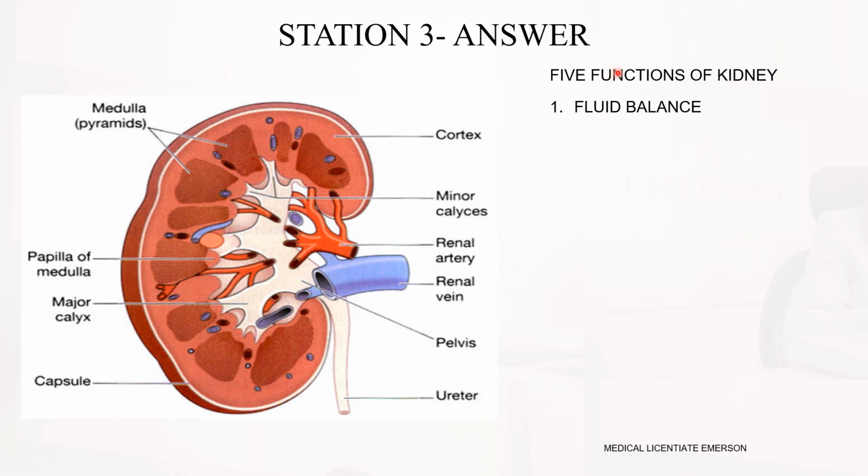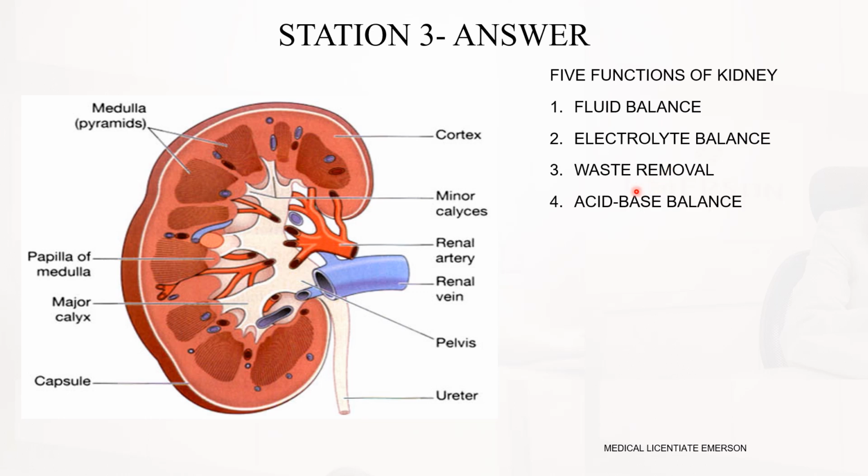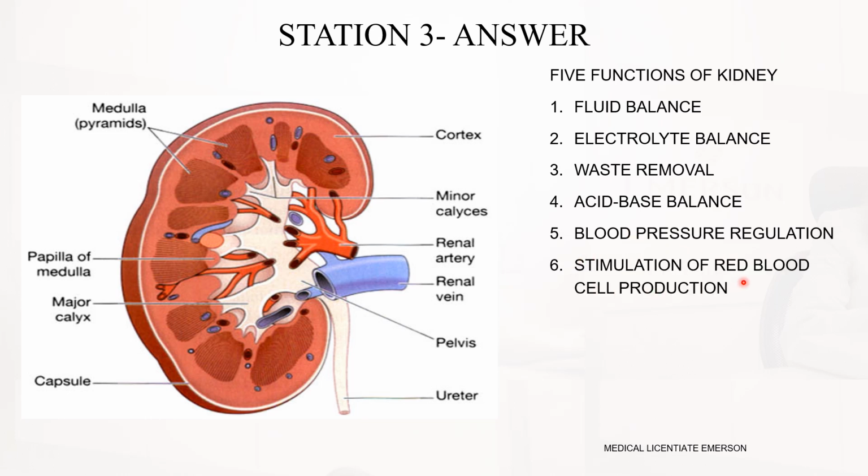Then in terms of functions of the kidney, number one, we have fluid balance, electrolyte balance, waste removal, acid-base balance, blood pressure regulation, stimulation of red blood cell production, and finally vitamin D activation. Of course, these are not 5, these are 7, but the question was 5.